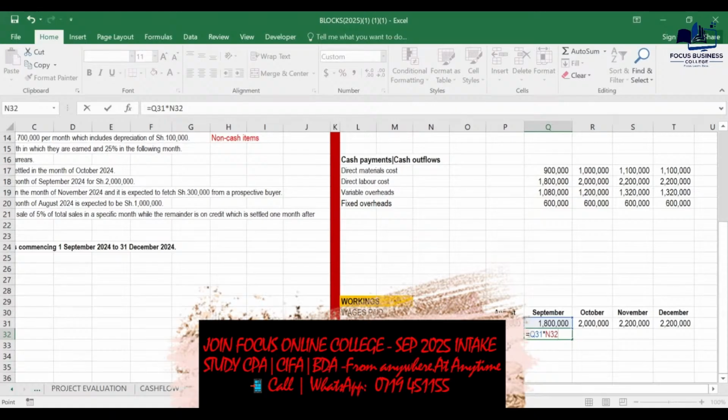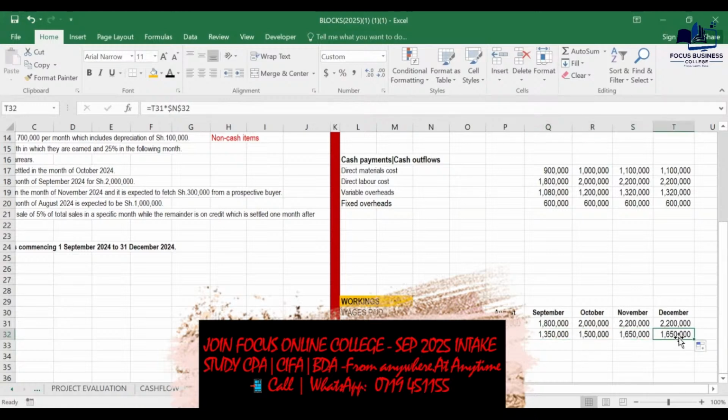So we can lock what is not changing, which is the percentage, using the dollar sign. Whatever is not changing, which is the rate. So having locked the rate, we can apply across like that.